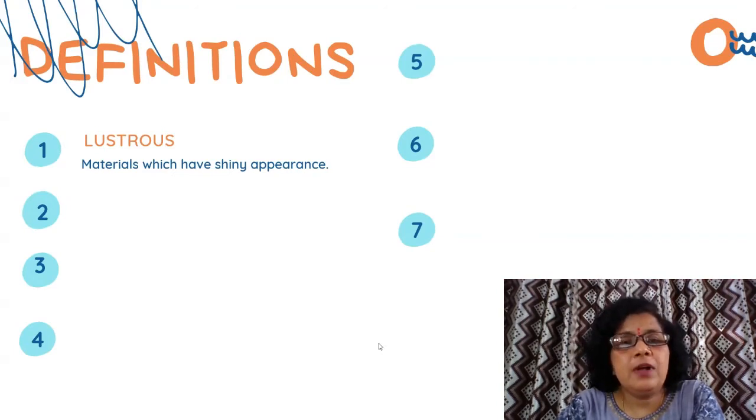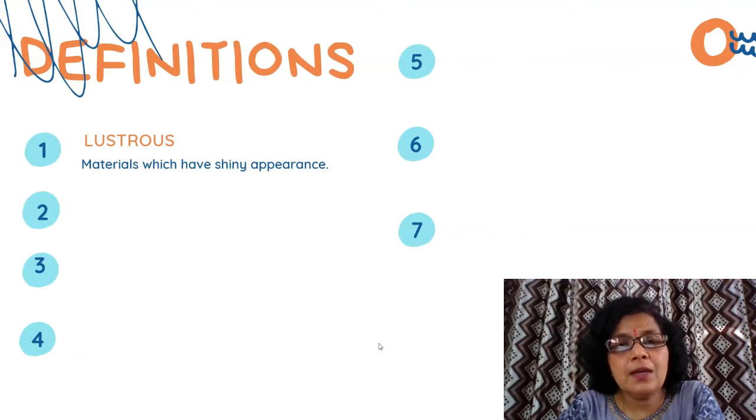Now, if a particular object made up of metal is new, it's really glittering, it's very shiny, but after some time, it loses its shine. Do you know why?